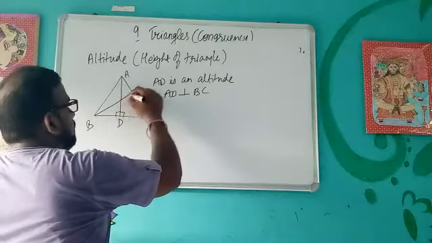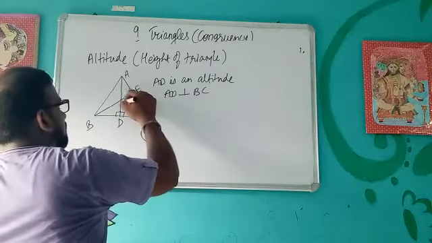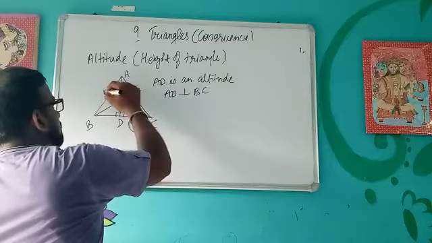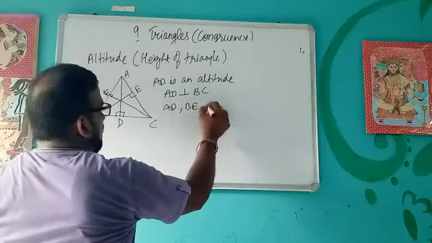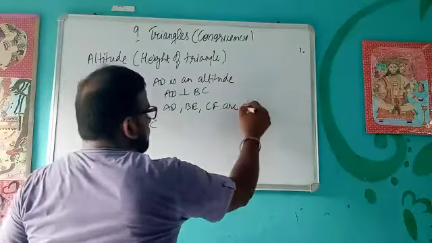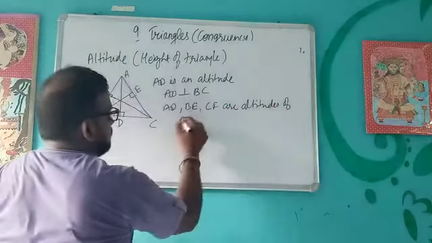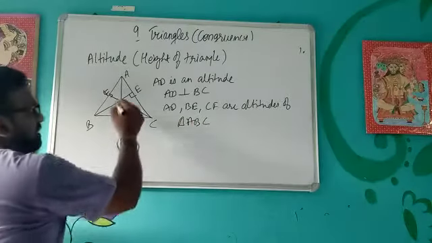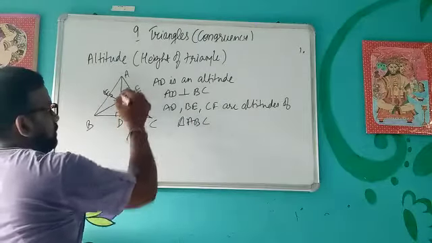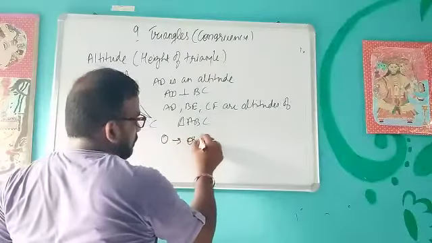Suppose I take one more altitude and another altitude. So AD, BE and CF are altitudes of triangle ABC. And they are intersecting at a point. Suppose this point is O. So what is O? O is known as the orthocenter.